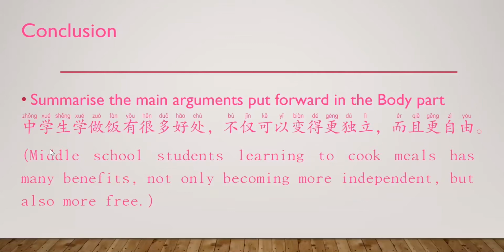So we just like summarize them together. 中学生学做饭有很多好处，不仅可以变得更独立，而且更自由。So middle school students learning to cook meals has many benefits, not only becoming more independent, but also more free. So this is a summary.